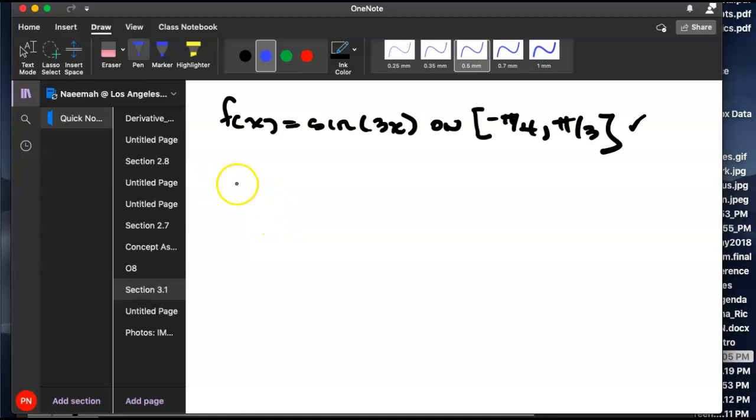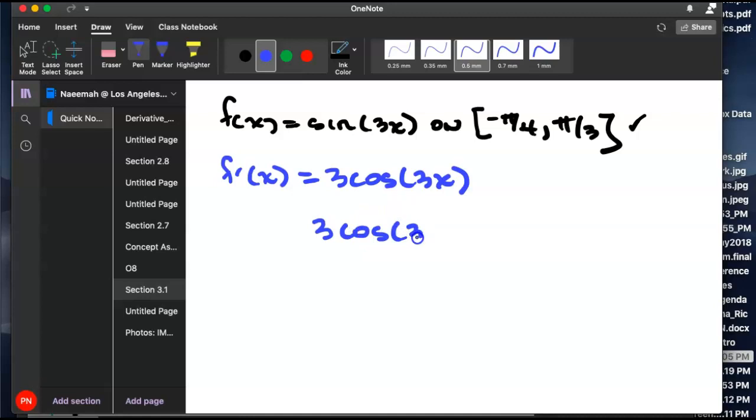So in this particular case, we know, using the chain rule, that f prime is going to be 3 cosine of 3x. Now we take that first derivative, 3 cosine of 3x, and set it equal to 0. Dividing both sides, you get cosine of 3x equals 0.